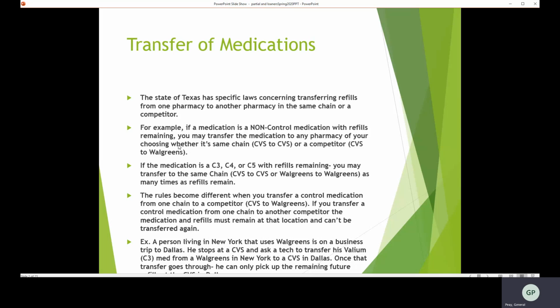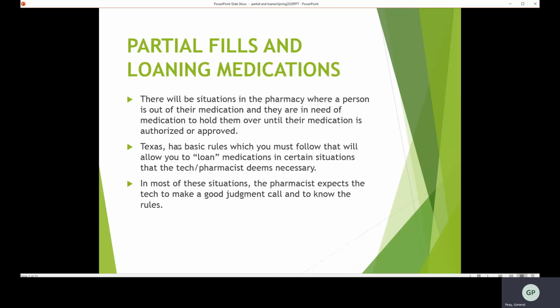Next thing I want to talk about is the issue of partial fills and loaning medications. So there are two situations where you may not have enough medication to fill a prescription, and you have to actually partial it, and there are some rules that you have to follow.